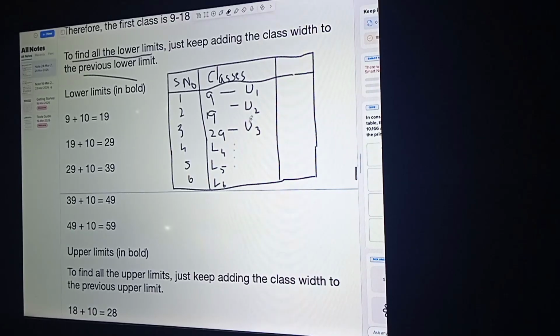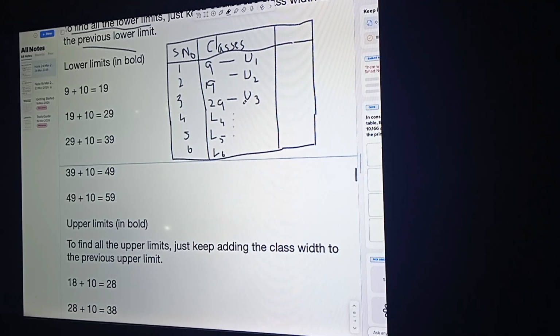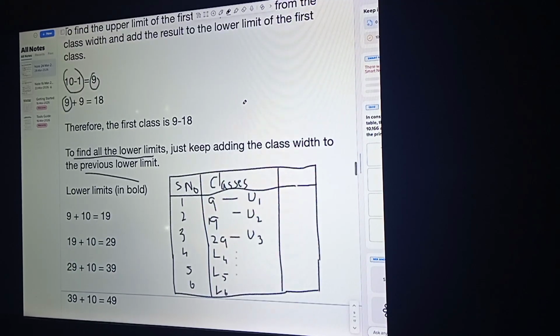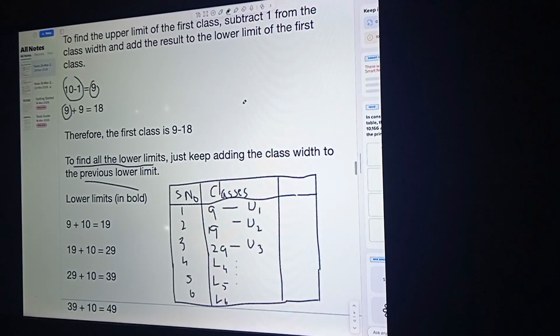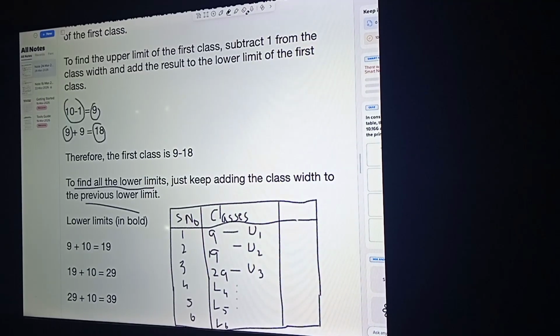Next is to decide these upper values, the upper limits of the classes. For this, you have to add 10 to this 18, because this is the first upper limit. So I'm going to write this first upper limit here, which is 18.